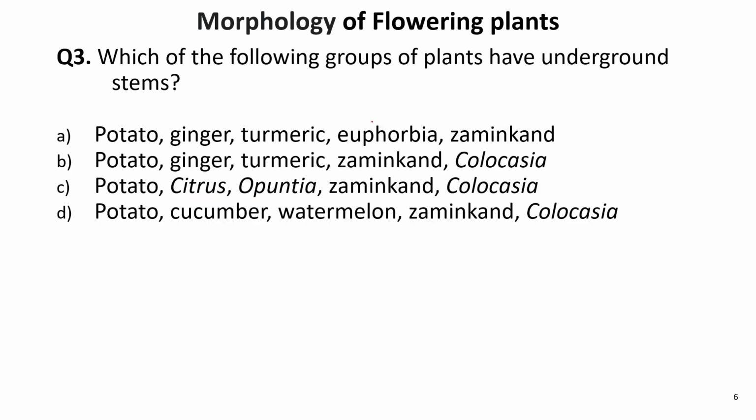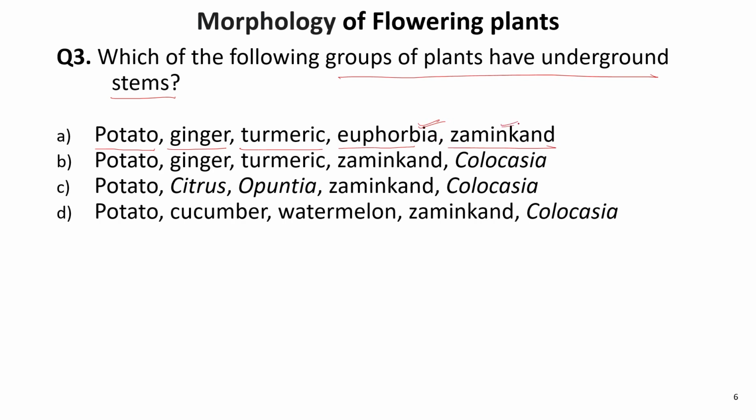Next question. Which of the following groups of plants have underground stem? Potato is an underground stem, tuber. Ginger, it is again an underground stem, rhizome. Turmeric, it is again an underground stem. And euphorbia and jamaican. Euphorbia is not an underground stem.